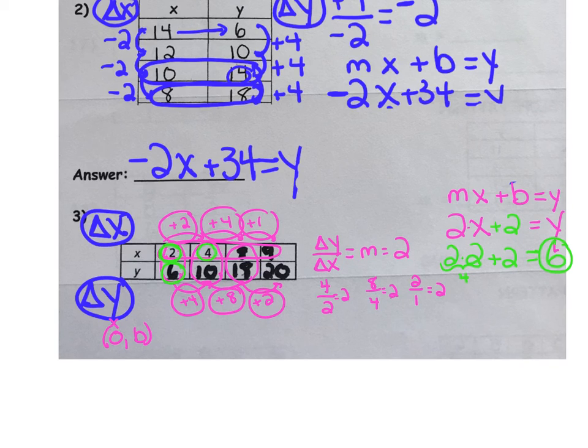But double check it. See if 4 will connect with 10 and confirm it. If it does, this is your equation for the table of values. Go back and finish problem number 1 and check it at the end of the video. You can pause your video right now and complete problem number 1.